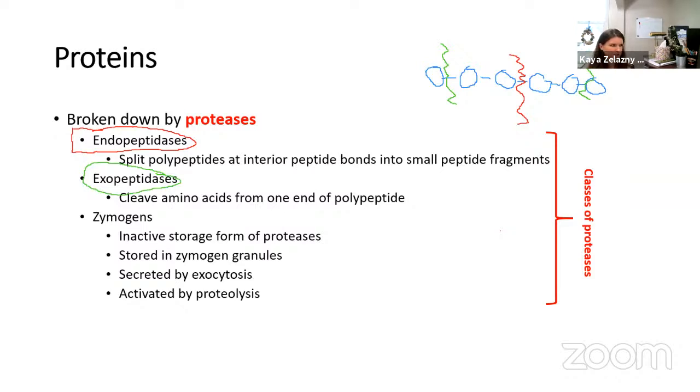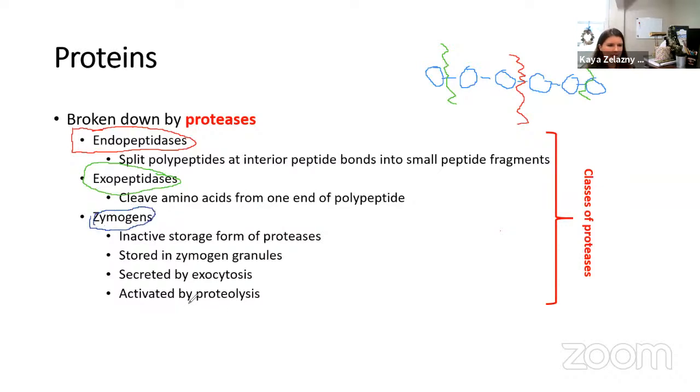Then we have zymogens. That's the reason I waved my hands about whether this is two or three. Zymogens are actually an inactive form of proteases. They are going to be stored in granules that have to be secreted by exocytosis and then have to be activated in order to actually act as a protease. So a zymogen is an inactive protease.